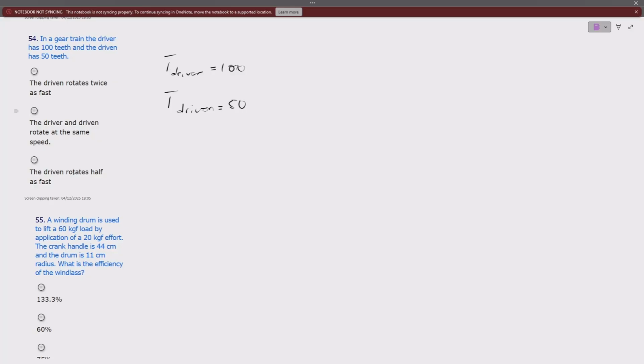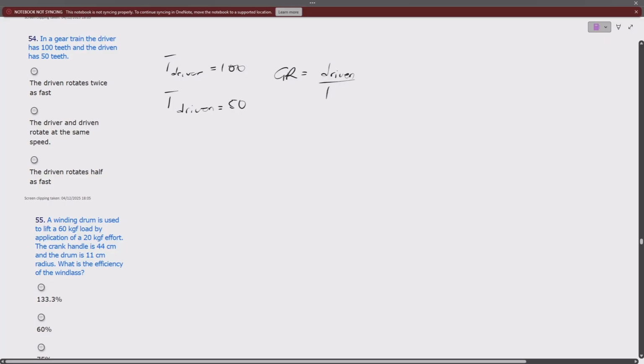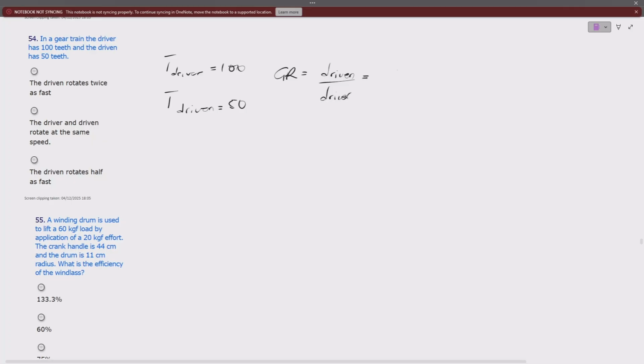In order to find the answer for this question, you have to put down the gear ratio. So the gear ratio equals driven over driver, and we have the driven to be 50, the driver is 100.